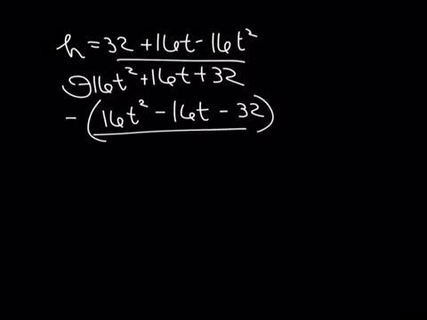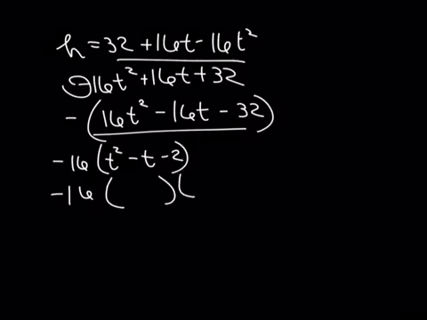Okay, so I can factor out more than just that negative. I can take a 16 out of there too. There, that's a lot easier to deal with. So this comes along, we make two parentheses, a t and 1, and a 2 there, and a 1 there, and that's going to be a negative, and that will be a positive.